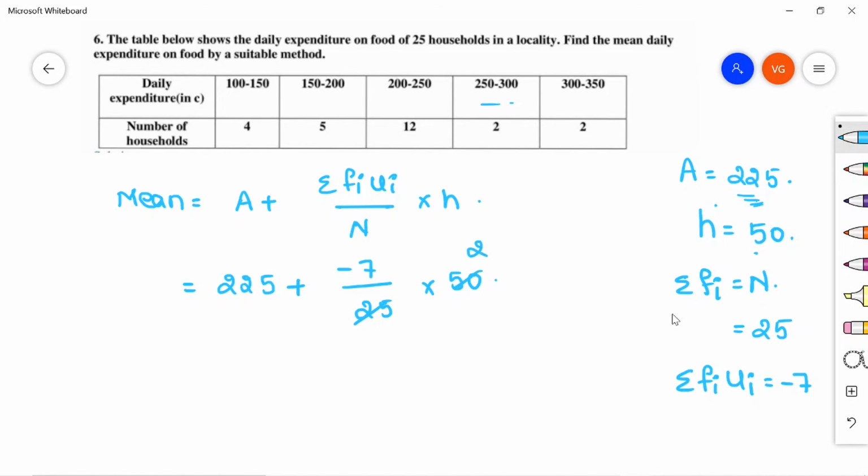This is 2 times, so 225 minus 14. That gives you 211. The mean daily expenditure on food they are asking by a suitable method; the method we have chosen here is the shortcut method. So the mean daily expenditure on food is 211.